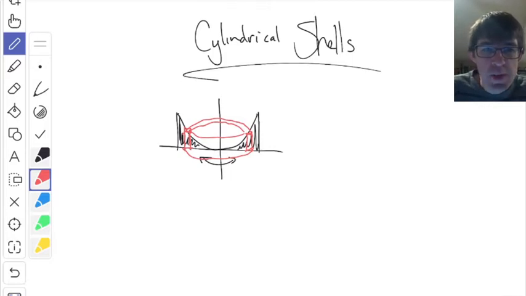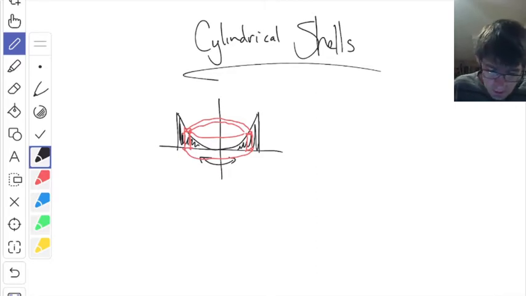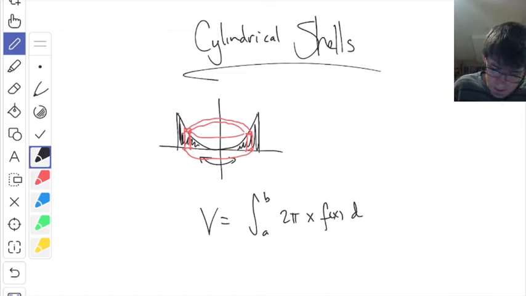They are sort of solid pipe shapes, or cylindrical shells, as they call them in the book. These things have a volume that's not so hard to figure out individually, and realizing what the volume of each of those shells is, the volume of the entire shape is the integral from a to b of, well, this is the formula, 2 pi x f of x dx, where f of x means the height of the shells.